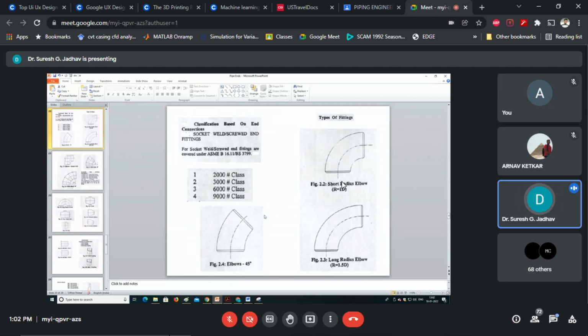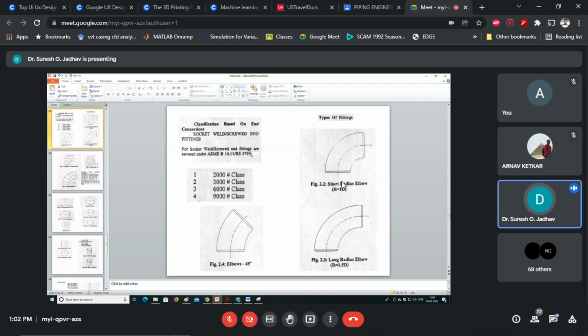The dimensional standards, that is ASME B16.11 and British Standard 3799, cover sizes up to 4 inch, meaning 100 millimeters nominal bore of pipes.